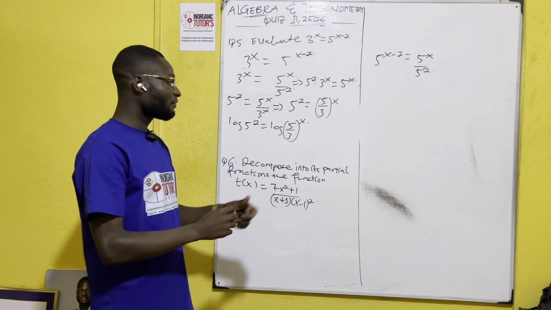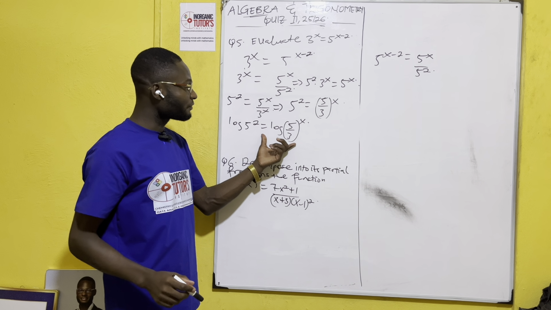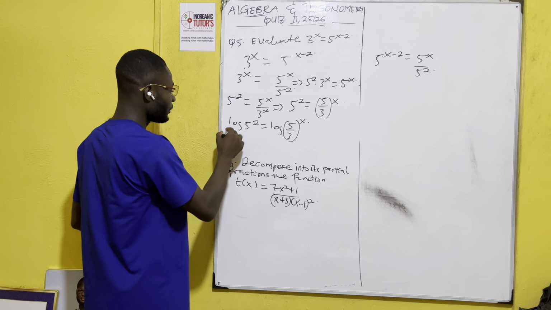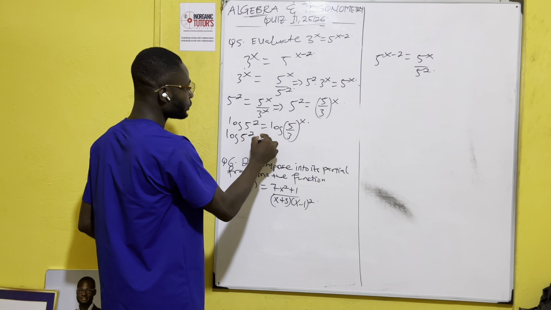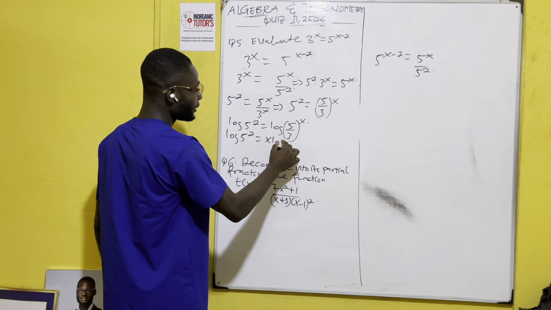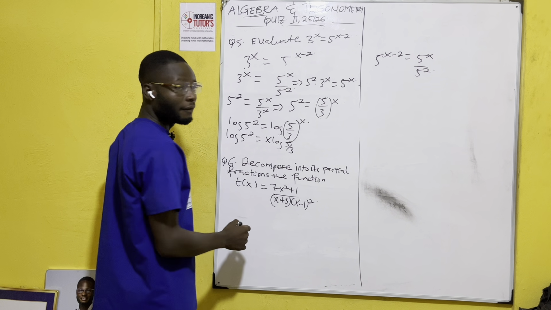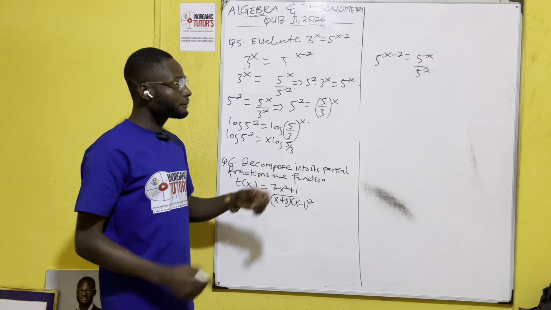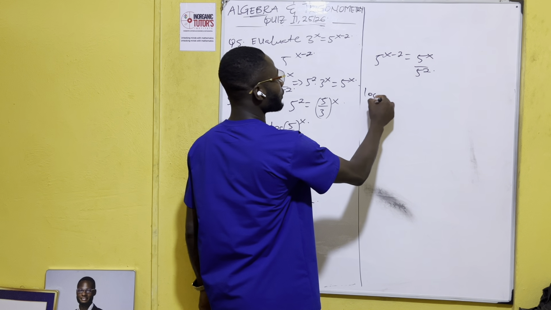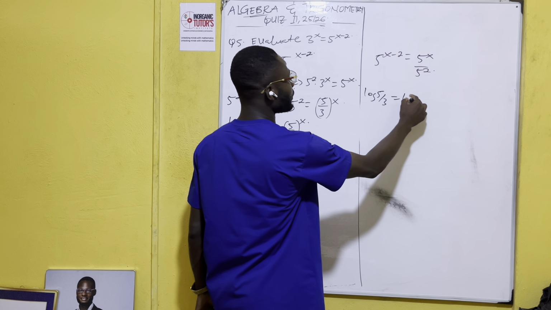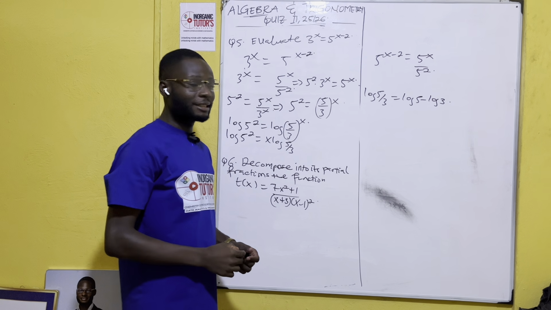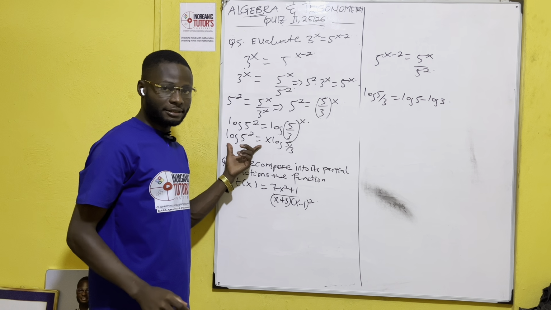If we want to find x, we simply have to bring the x down. Then we have log 5 squared equals x log (5 over 3). And remember, in the logarithm property, we know that log (5 over 3) is the same as log 5 minus log 3. So this property works.